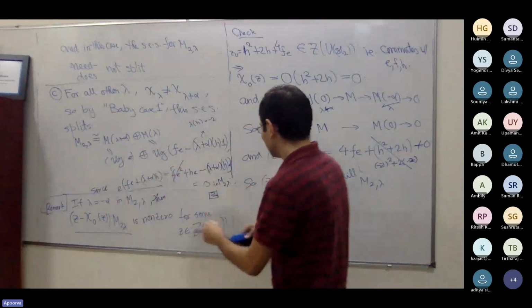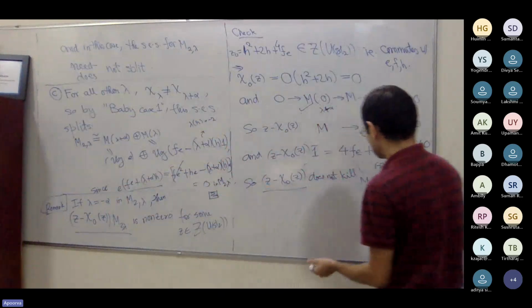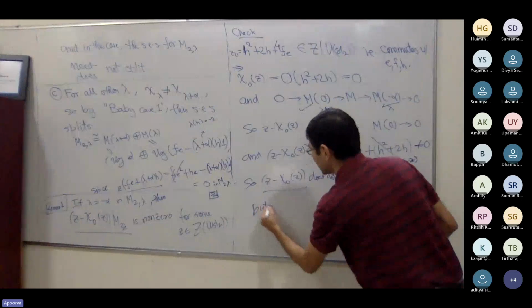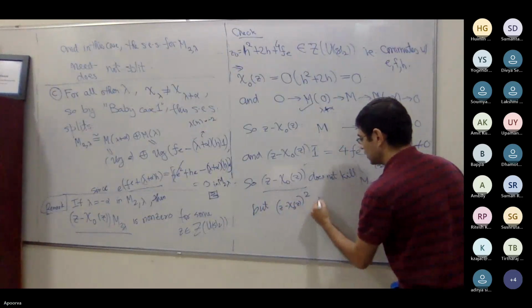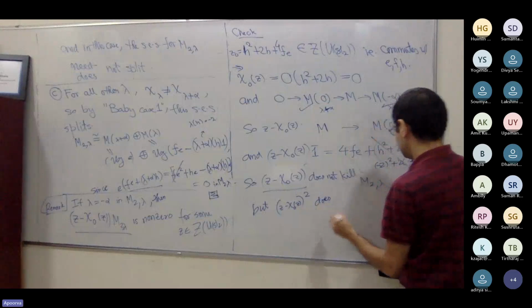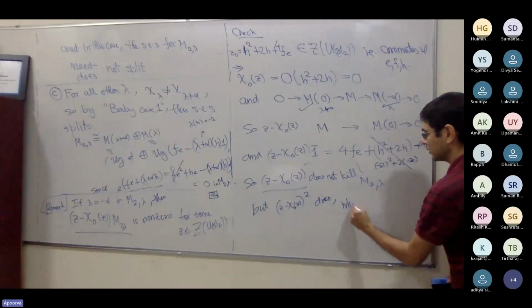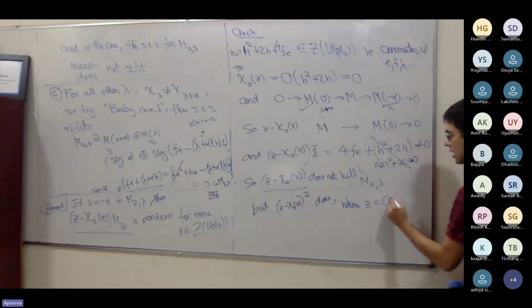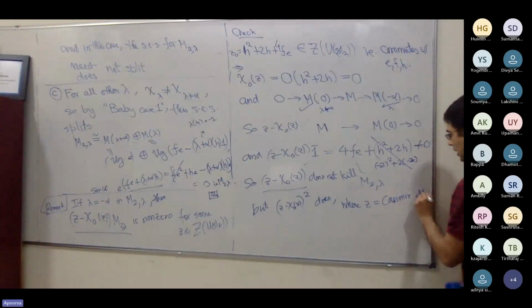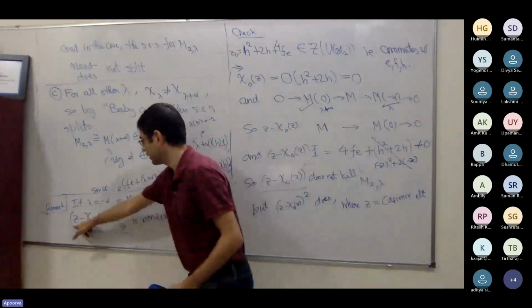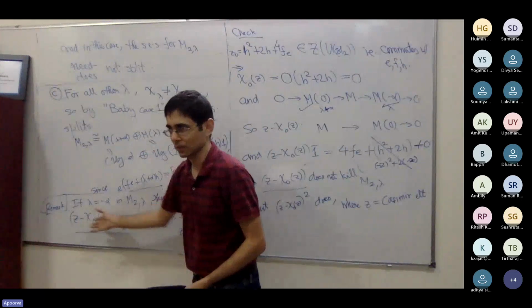So basically, I'll write this down. But it's square. Sorry, Z equals Casimir. If Z was a scalar like 1, then 1 minus 1, of course, kills everything.